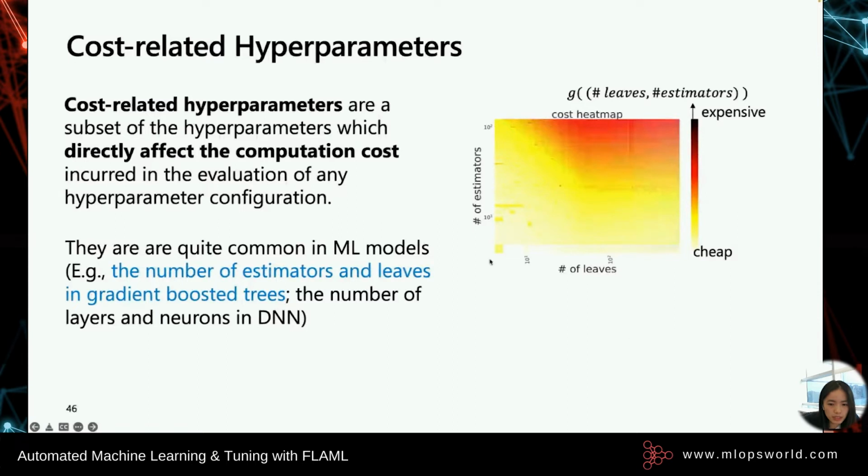This heat map specifically shows the impact of the number of leaves and the number of estimators in XGBoost on the cost. In this heat map, the darker, the more expensive, or the higher the cost. It clearly shows a cost heterogeneity in the hyperparameter space, which indicates that both of these two hyperparameters are cost related.